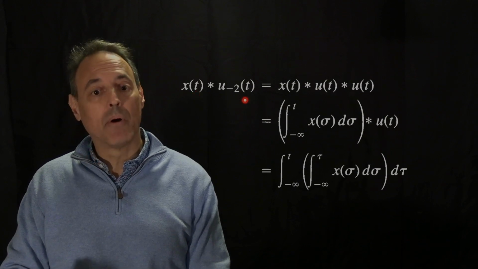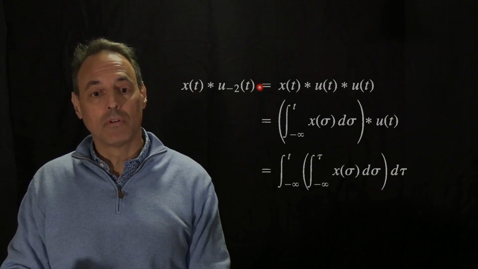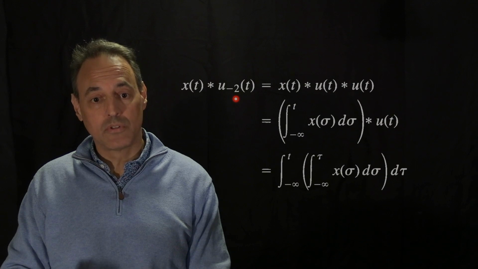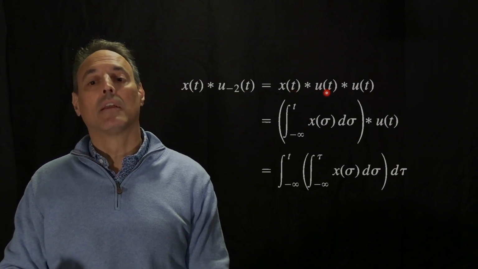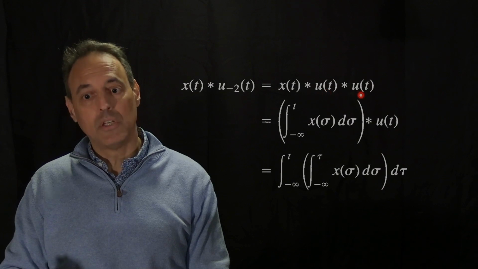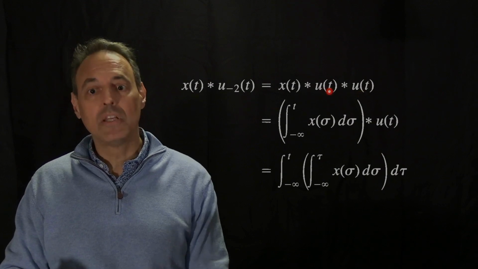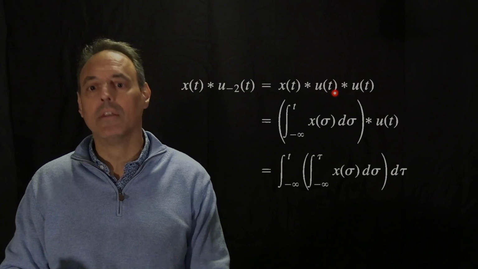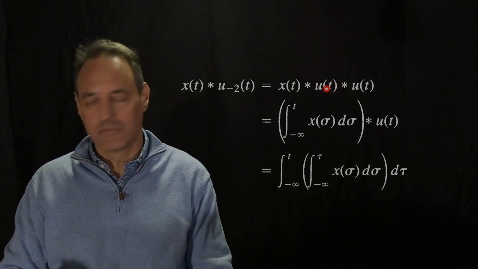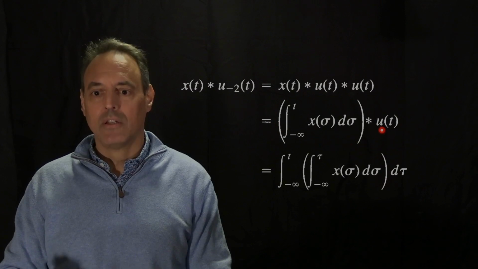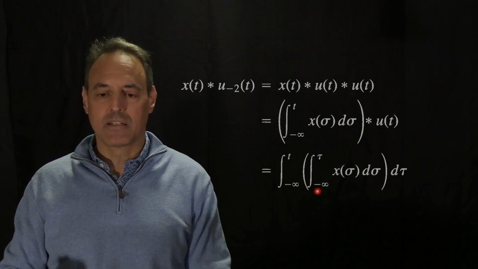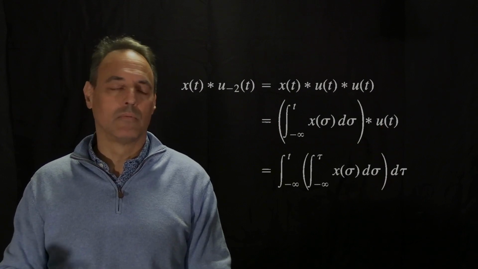X of t convolved against u of minus 2 is essentially x of t convolved against u of t twice. And u of t now, you could put it as u minus 1, but u minus 1 is just a step function. So here's the first one times u of t, and then you do it a second time, and this is what you get, 2 integrals, essentially.